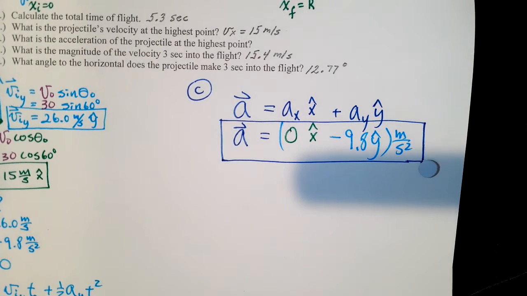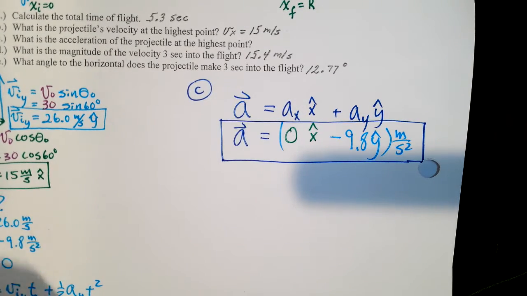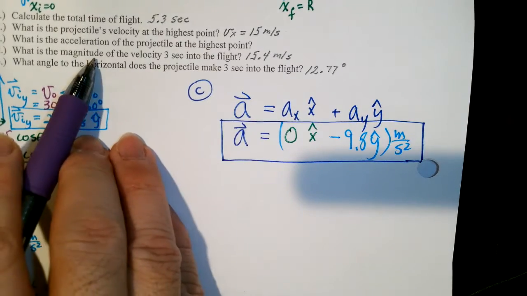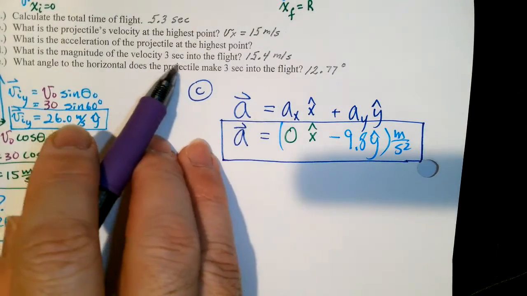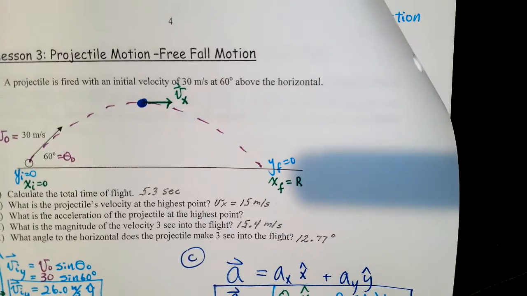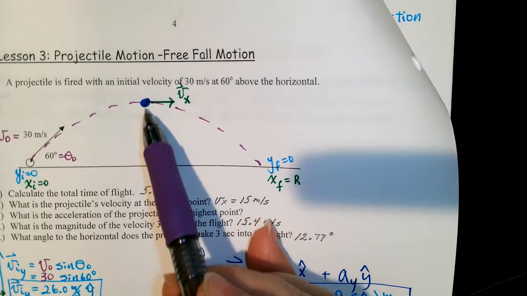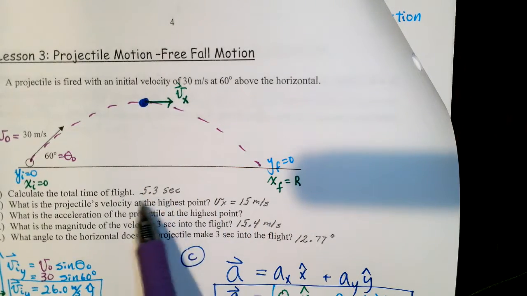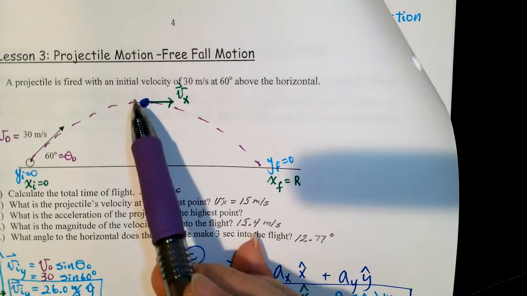And then for part D, they're asking, what is the magnitude of the velocity 3 seconds into the flight? Well, the halfway point will be half of the total time, which is about 2.65 seconds.